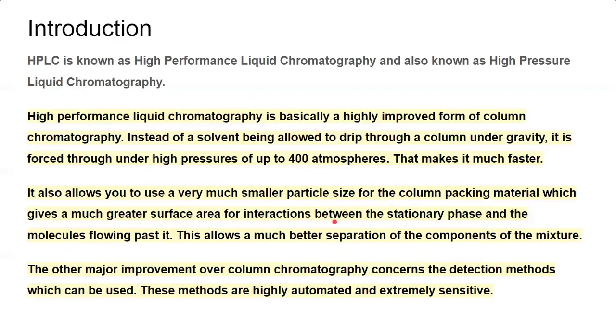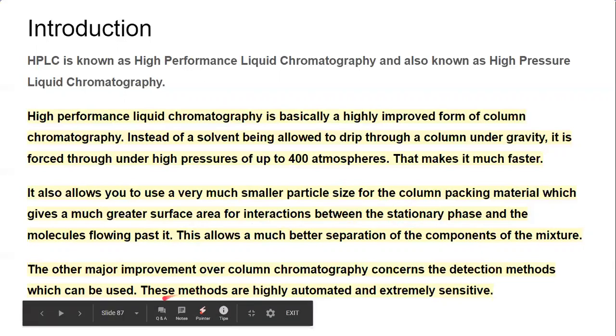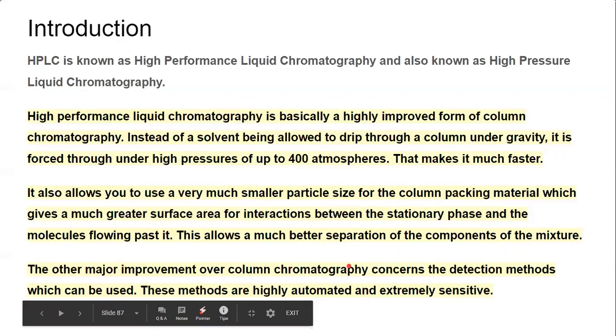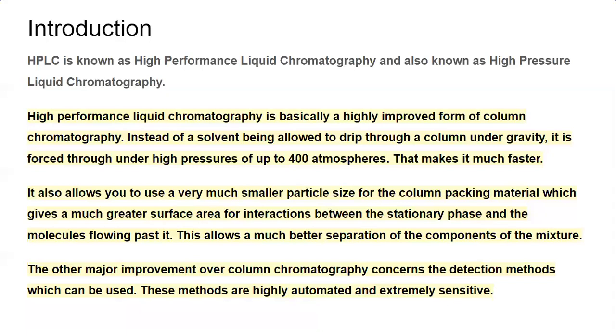Thereby the interaction between the stationary phase and the analyte is much improved, and also the interaction between the stationary phase and the mobile phase flowing past it. This allows much better separation. When the analytes are adsorbed firmly to the stationary phase, during the separation the components are completely separated.